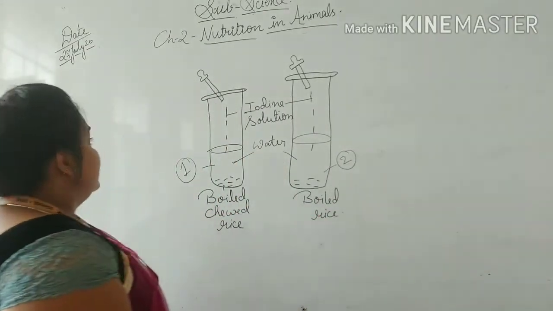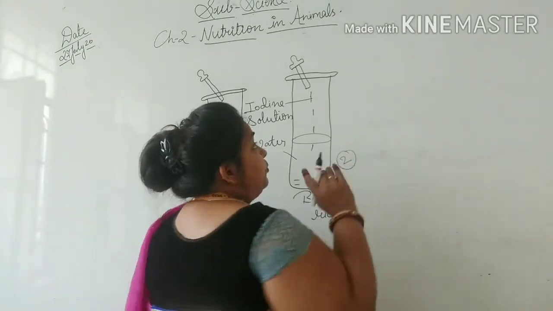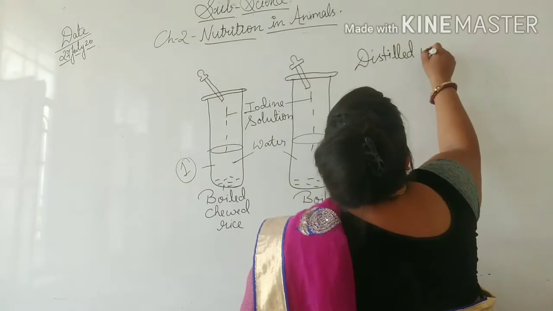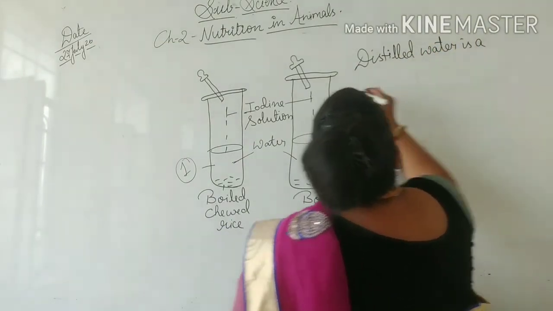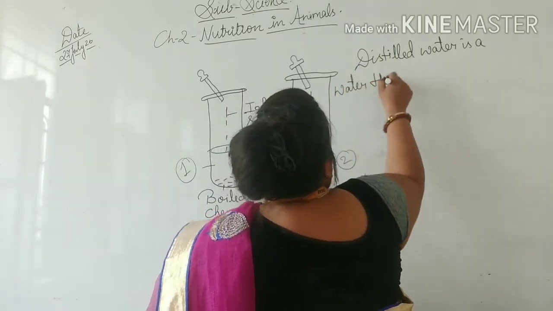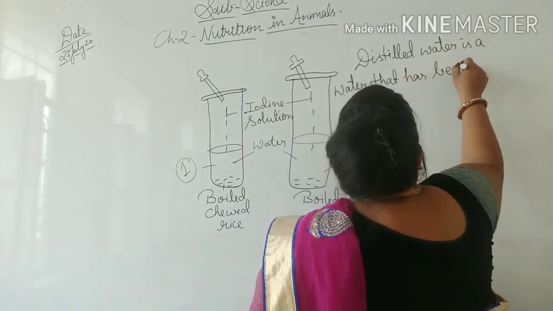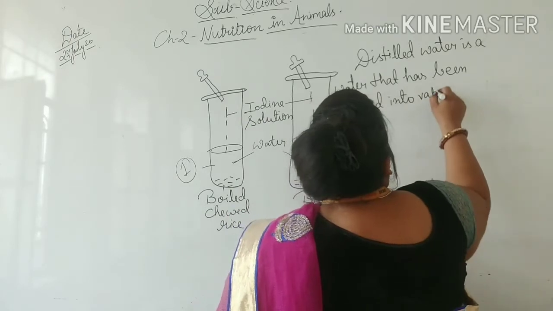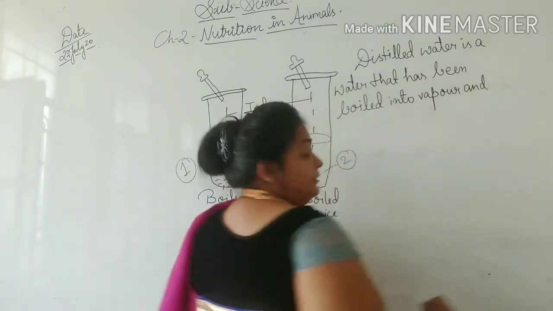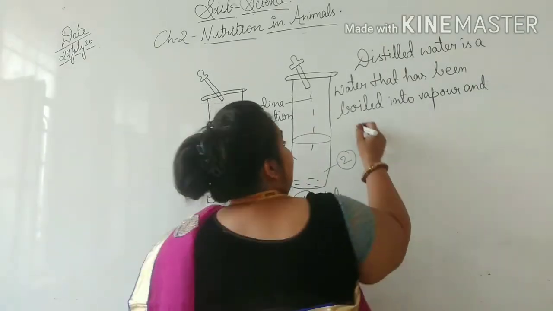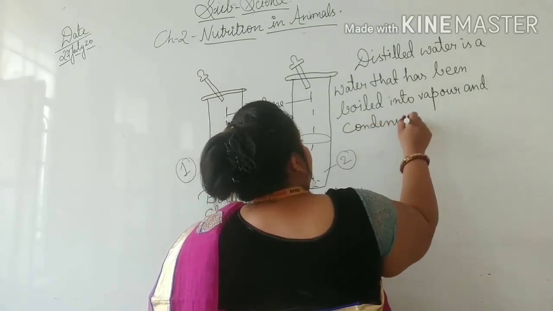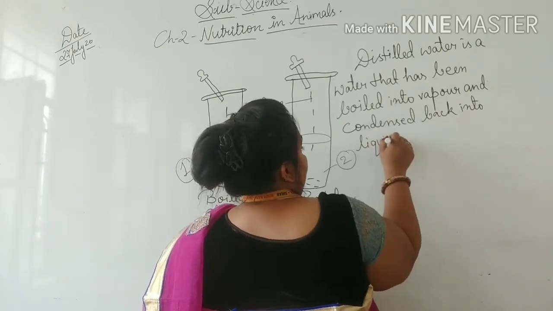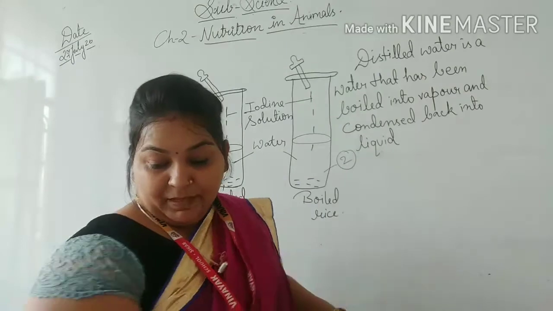Distilled water is water that has been boiled into vapor and then condensed back into liquid in a separate container.